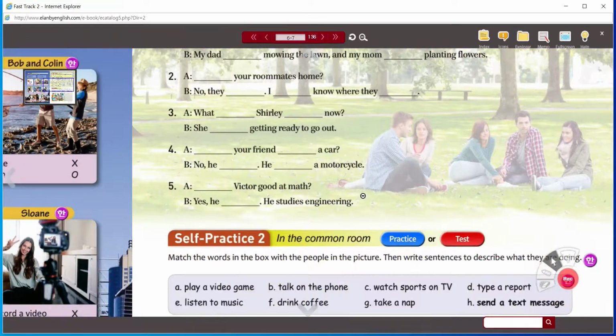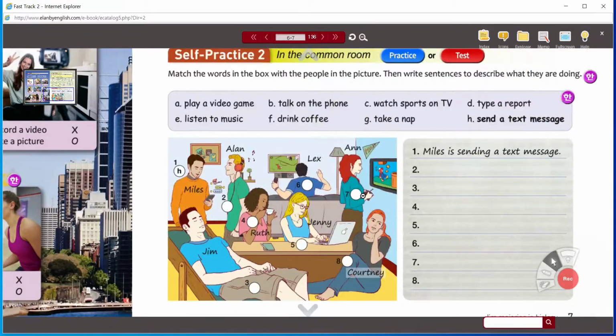Okay. Let's go down to self-practice 2. This is a writing activity. And will involve some matching. This activity, you have a number of verbs at the top here, and what you're going to do is you're going to match each of these verbs with the person who is doing them.